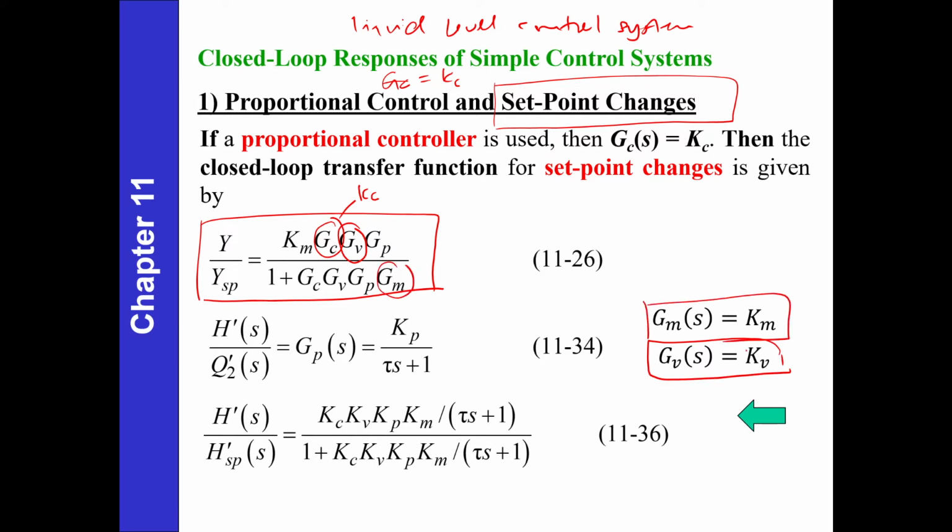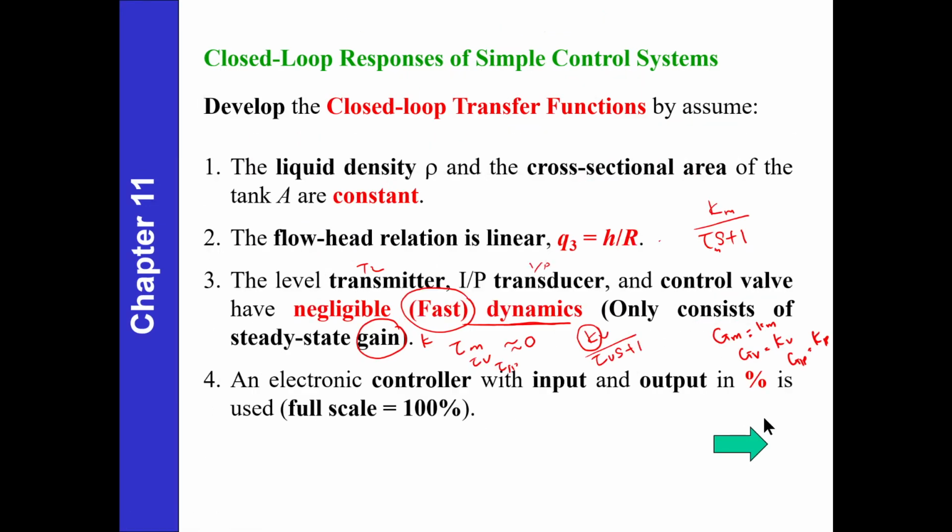How do we know that? We have to go back to the previous one. This definition, like I said previously, the transmitter, the control valve, and transducer only have the KM and KV.